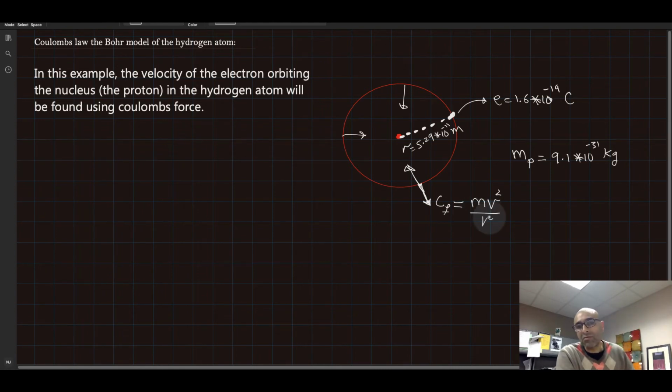This is a force you learned probably in an earlier class, the first algebra physics class. M is the mass, v is the velocity, r is the radius of the circular motion, basically.